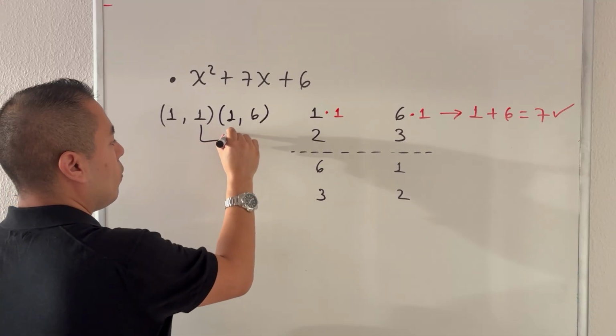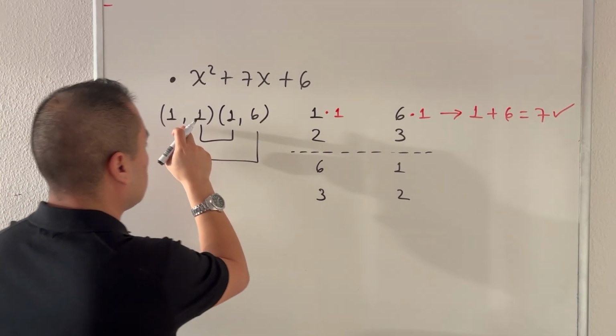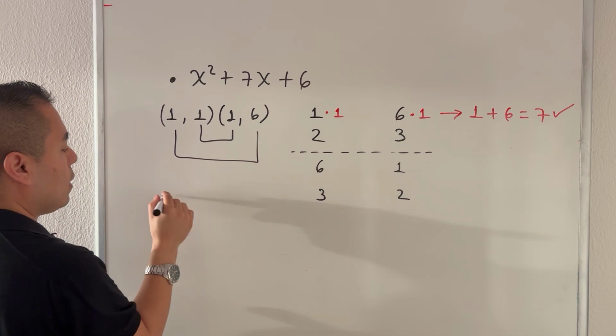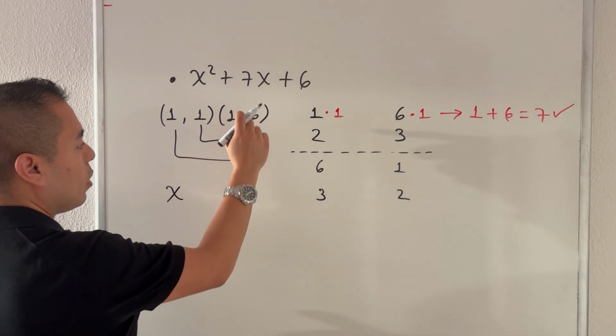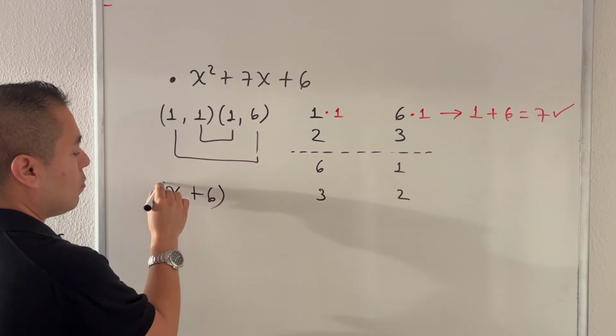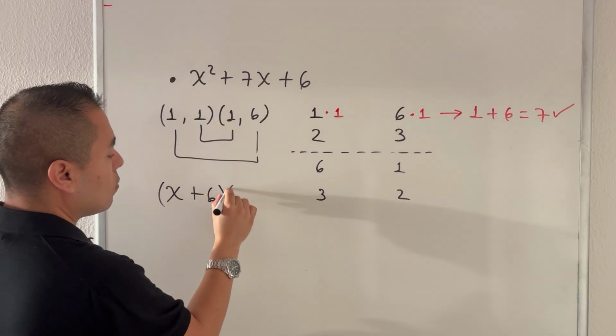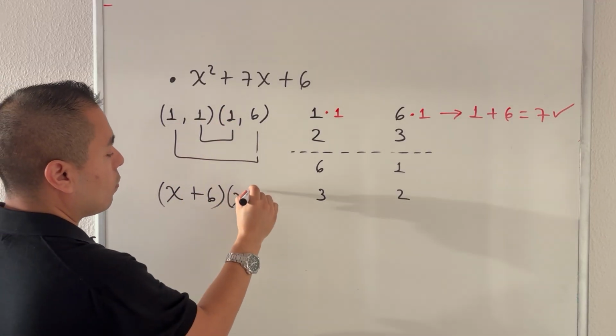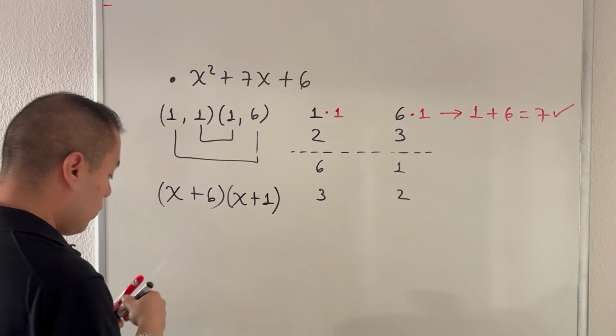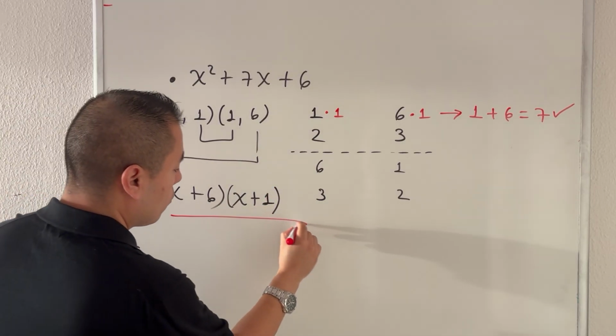And as we did before, the first factor corresponds to the x's. This is 1x, this will be x plus 6, and the other will be x plus 1. And this is the result.